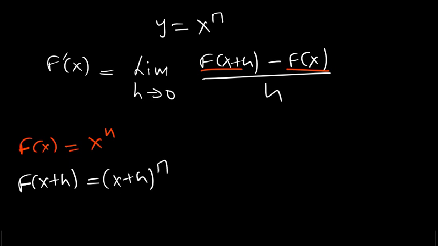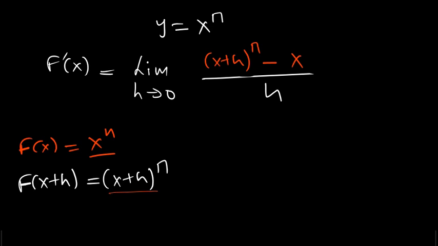So let's substitute these two in our equation there. F of x plus h is this part, so therefore we have x plus h raised to the power n minus f of x, which is just x to the power n.